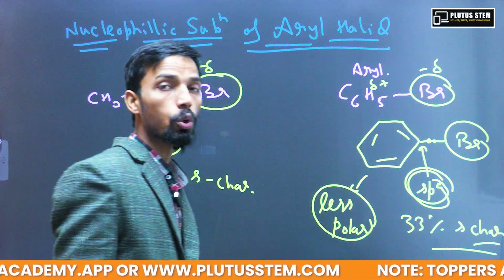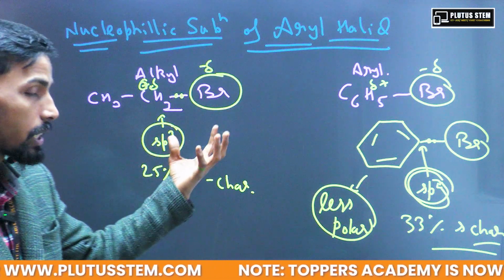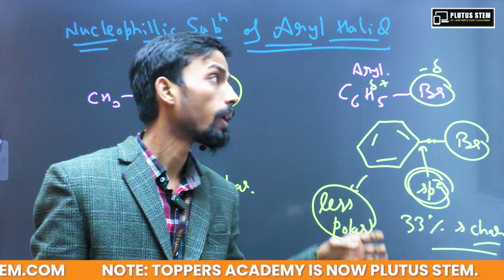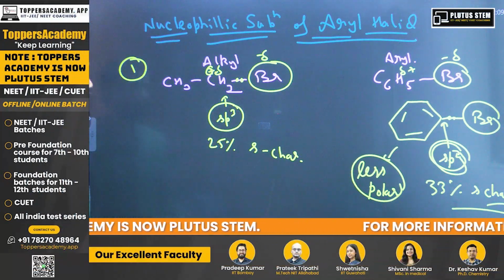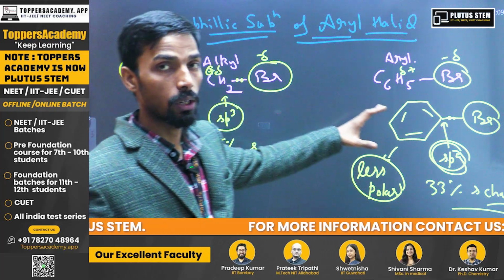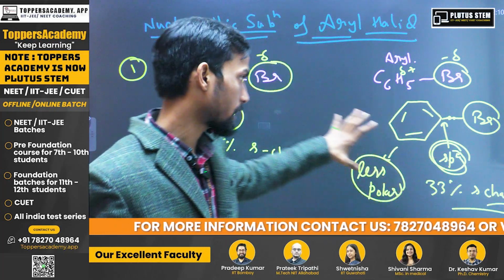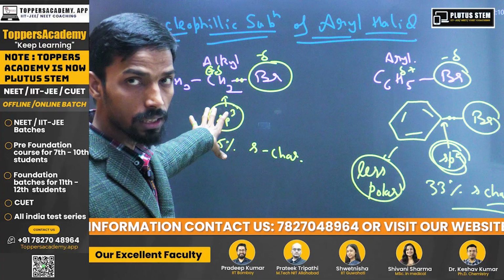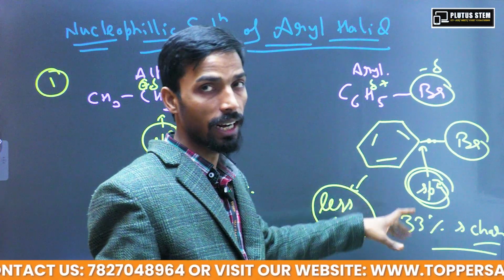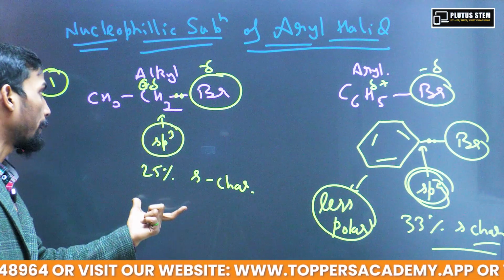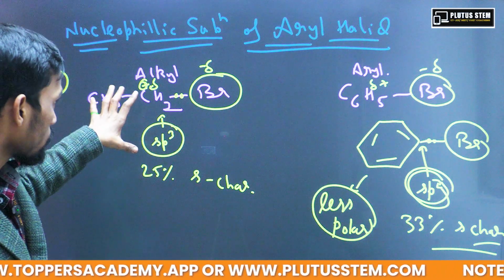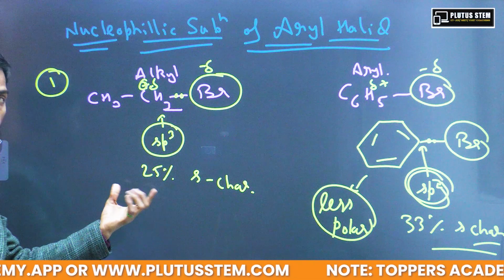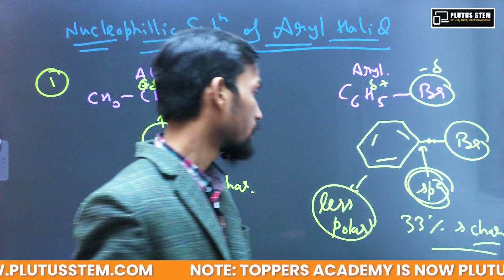That's why this reaction is not as feasible as in the case of SN1. So one reason is that nucleophilic substitution was more feasible in alkyl halide compared to aryl halide, due to this sp2 hybridized carbon attached to the halogen. This is one reason. We will also see some other reasons.